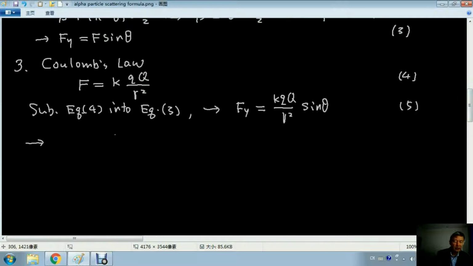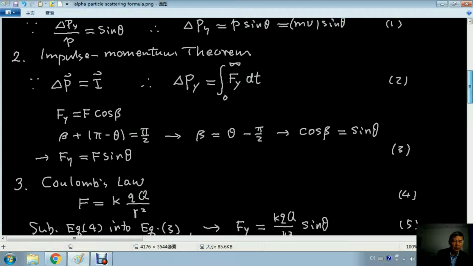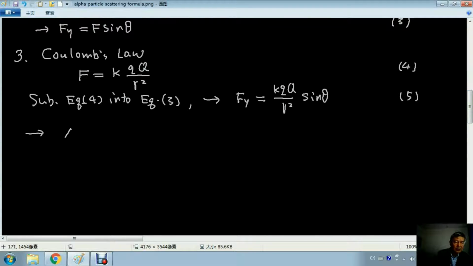Therefore, according to the impulse momentum theorem, the change in the y component can be simply written as the integral of F y dt from 0 to infinity.